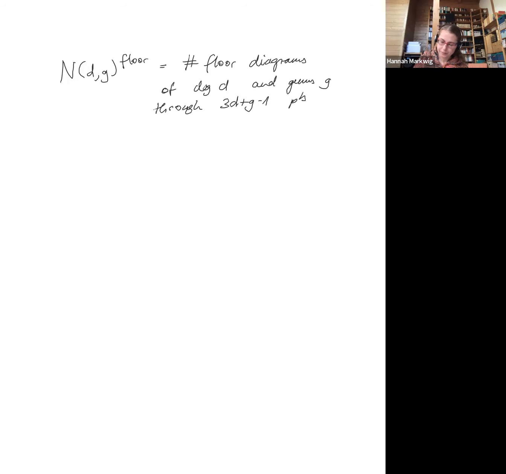The usual thing. Counted with multiplicity, of course. And then there's a theorem which states that this number equals the tropical number.